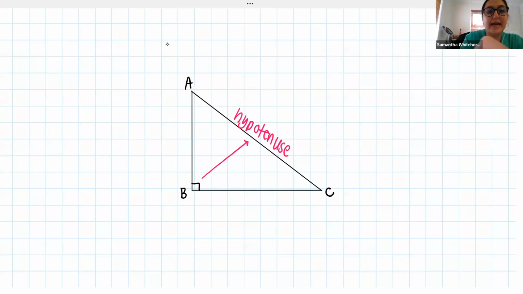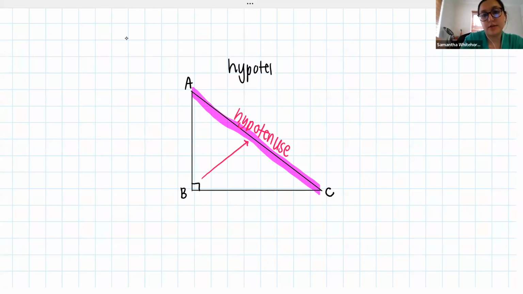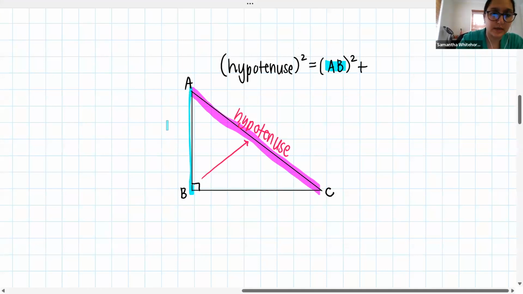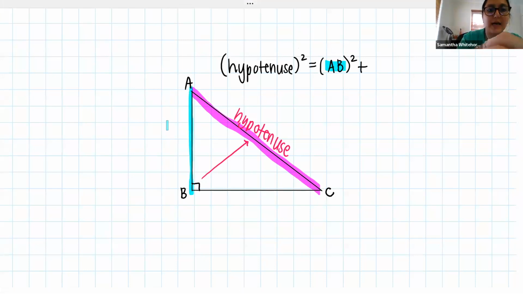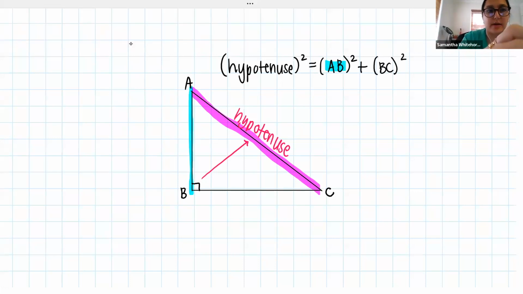So this side AC is my hypotenuse. And Pythagoras says that my hypotenuse squared is equal to the sum, so adding together the two other sides that I have, so AB, which is the side down here, plus the third side, which is BC squared.